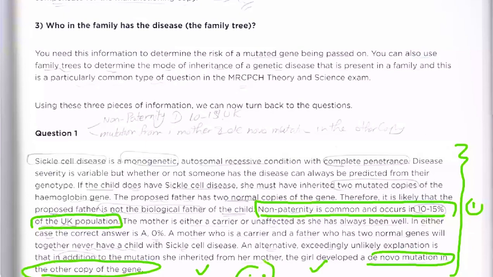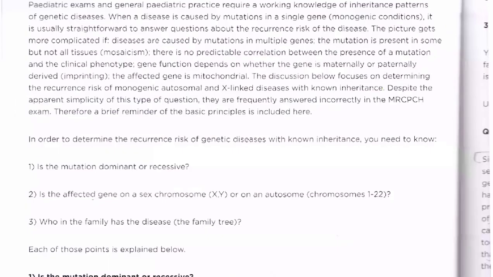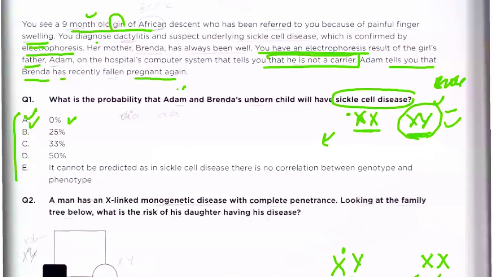In that case, the chance is just like the normal population. If we talk about this couple whose father is quite normal, the mother may or may not be a carrier. So there is no chance of having disease in this baby. Autosomal recessive disease will be apparent when the father is a carrier and the mother is a carrier.